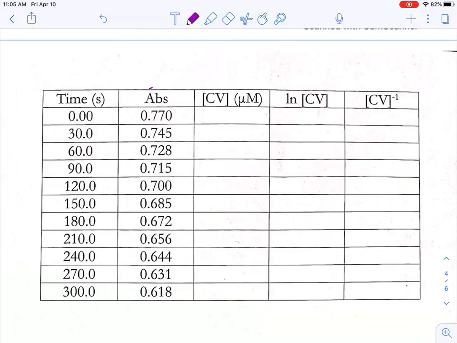You would have watched the videos at this point. So you're going to know the slope of the line, and you're going to try and find the concentration at that point.